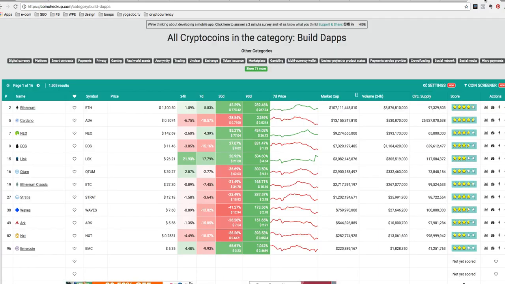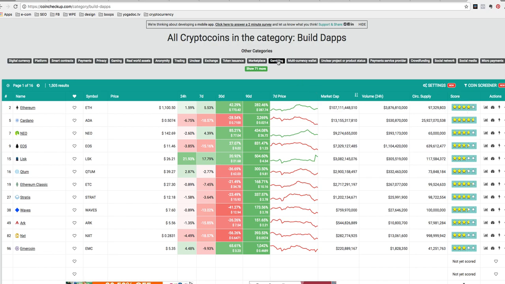And then finally, Coin Checkup with some new features, a coin screener where you can filter your coins on all kinds of criteria, and their score, which will give you some idea about which coins and which sectors to invest in.